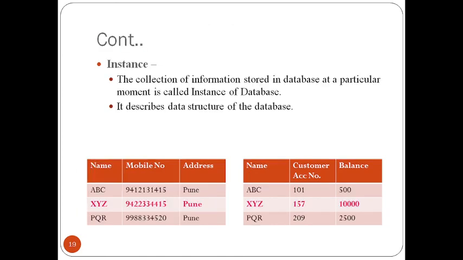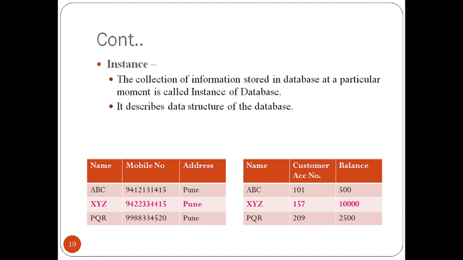And finally, what is the instance? An instance is nothing but the particular moment at which the data is stored, or the collection of the data, we can say, is the instance of the data. The collection of information stored in the database at a particular moment is called an instance.